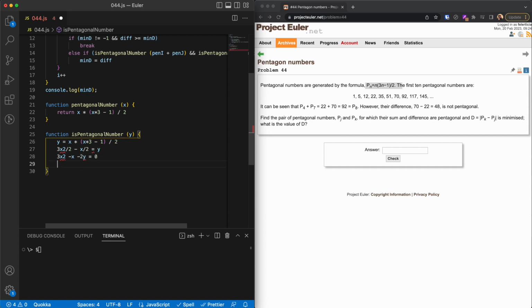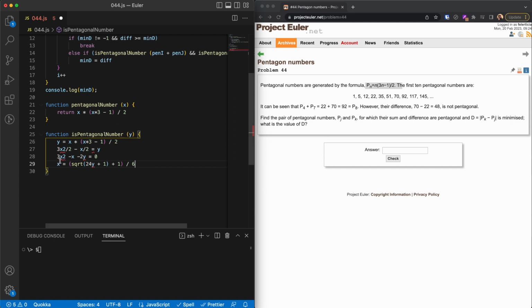And if we get the delta of this, the delta would be 24y plus 1. The square root of this value should be positive, and then we should say that the square root of this value, plus 1, which is minus b plus the square root, all of that over 2a, which is 6.